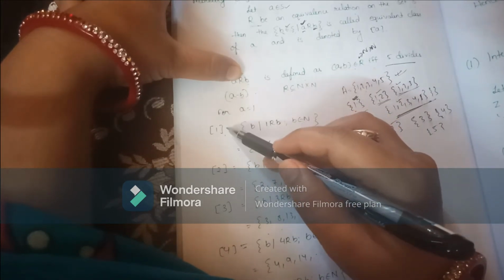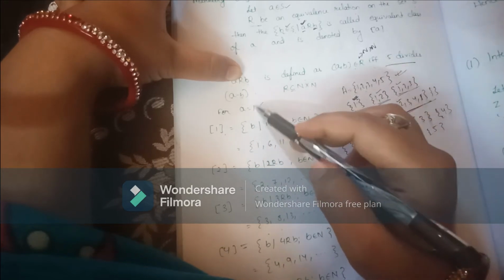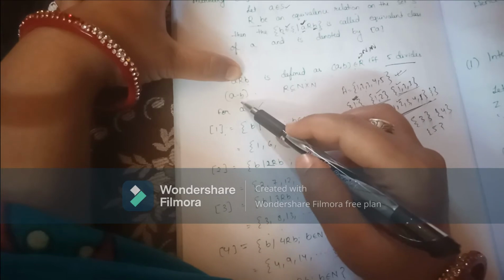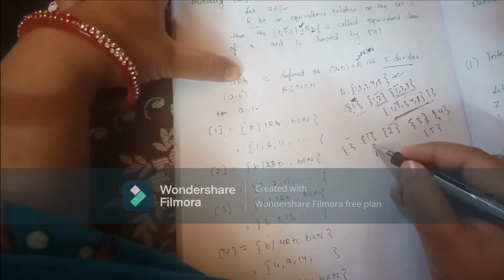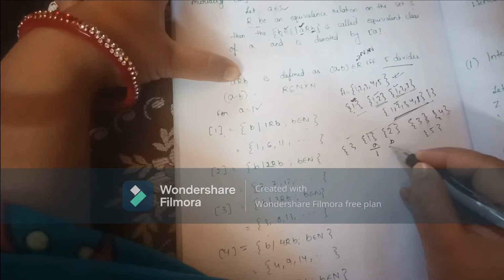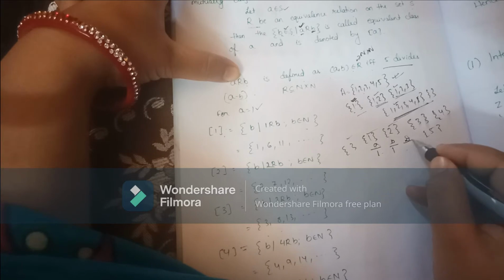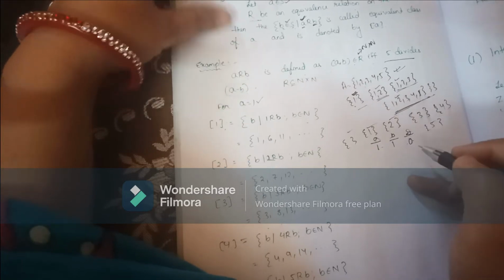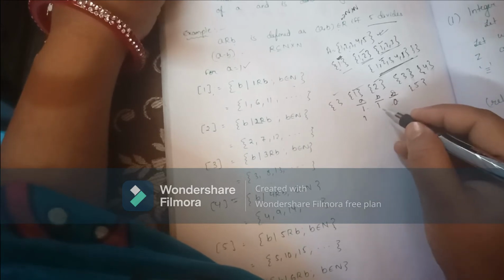So we have to fix A first. I just fixed A equal to 1. The difference must be divisible by 5. If A is 1 and B is also 1, the difference is 0, and 0 is divisible by 5. Since 1 is fixed, what is the next number?